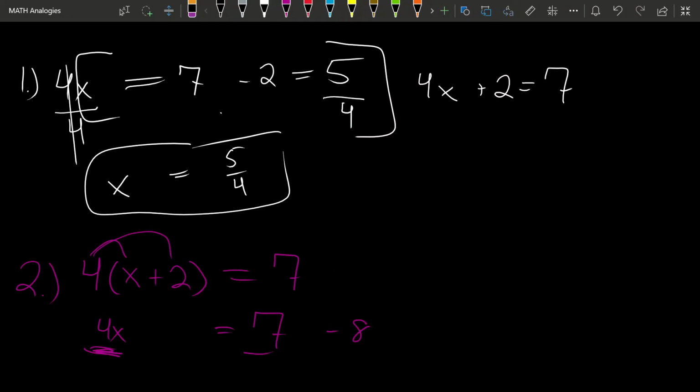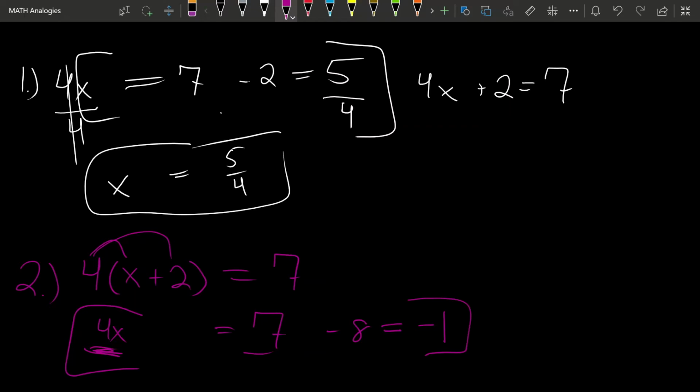And 7 minus 8, that's a tricky one. Well, if we start at 7 and we go backwards by 8, we would go to 0, but then we'd go to negative 1. So we have 4x equals negative 1.